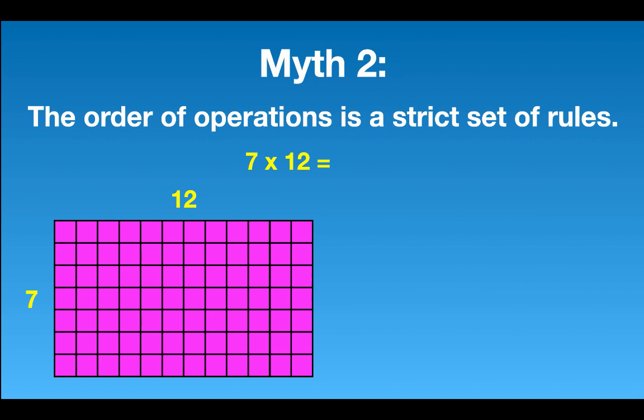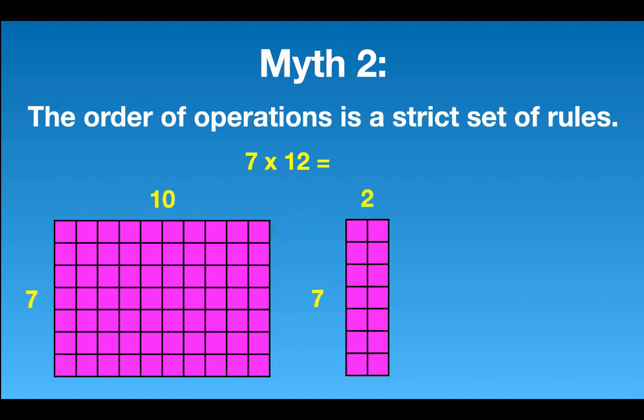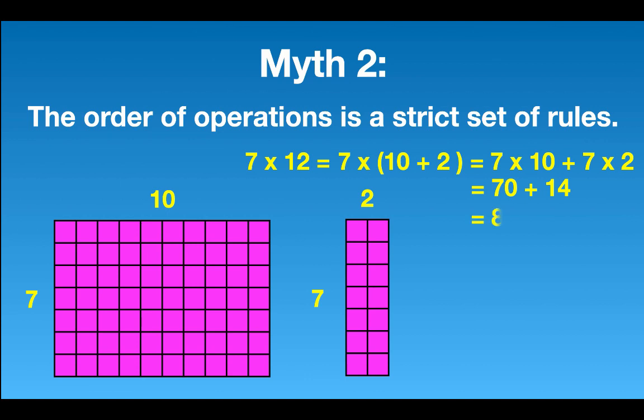And we can even alter the order in which operations are performed using the distributive property of multiplication over addition. So 7 times 12 is the same as 7 times the quantity 10 plus 2, which is the same as 7 times 10 plus 7 times 2, which makes 70 plus 14, which is 84.